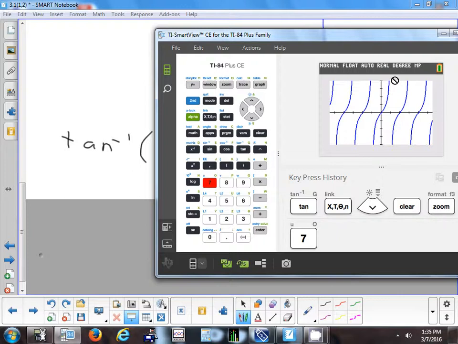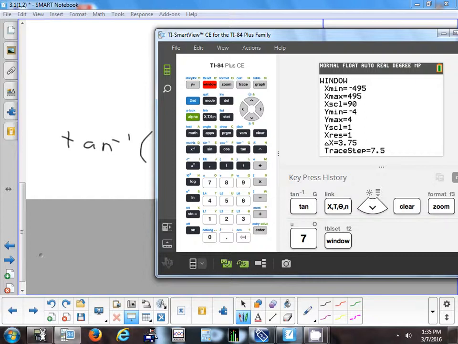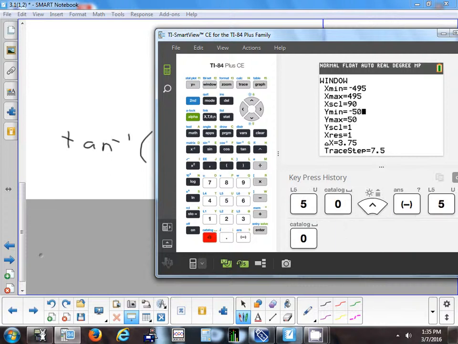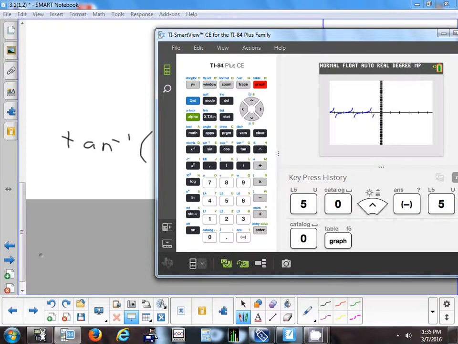Right now, you're looking at it from 4 to -4. Does it look like the graph is stopping? No. In fact, if we go from 50 to -50, again, just focus on the middle section.